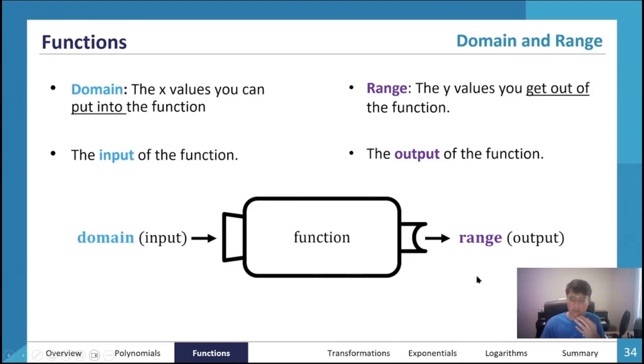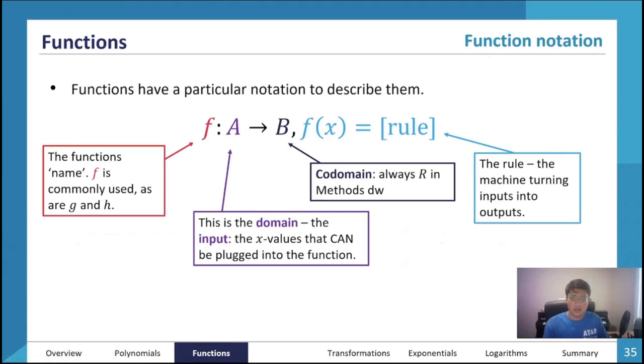It's the output of the function. So it's what happens with that particular number when we put it through the function and we get our output. So note that the domain is associated with the x values, whereas the range is associated with the y values that come out.